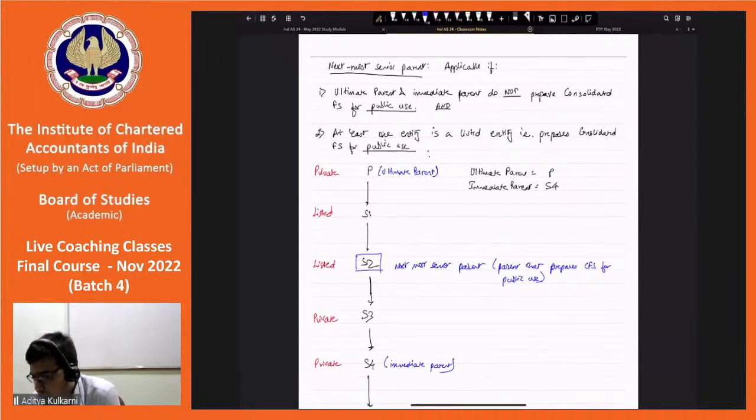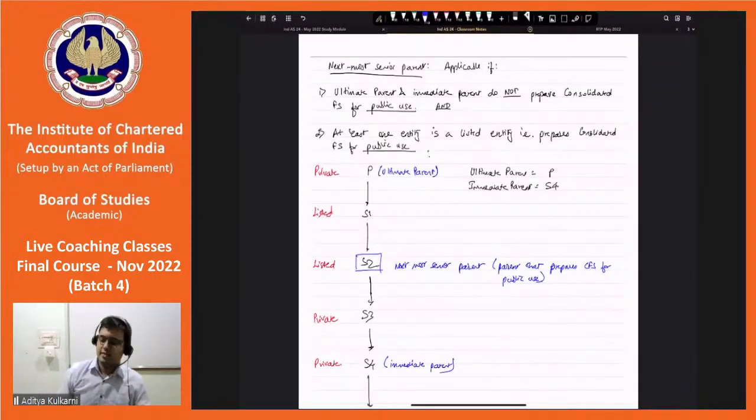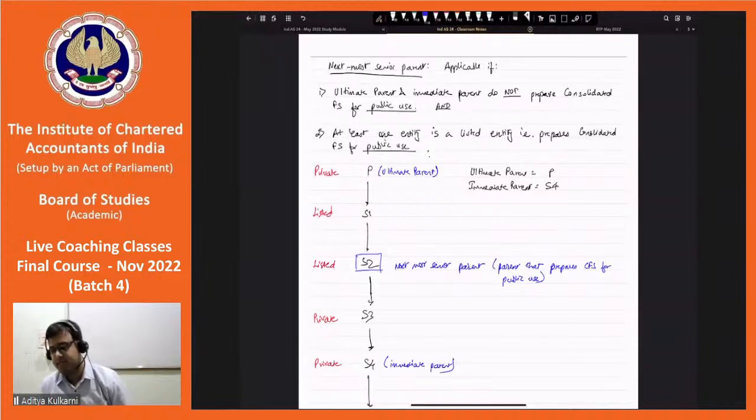Next most senior parent, have we understood? Bolo. Jay Srivastav, Sai Ram, Mahinder, Sheena Jain, Tanushri, Priya Garg. Have we understood the concept of next most senior parent?